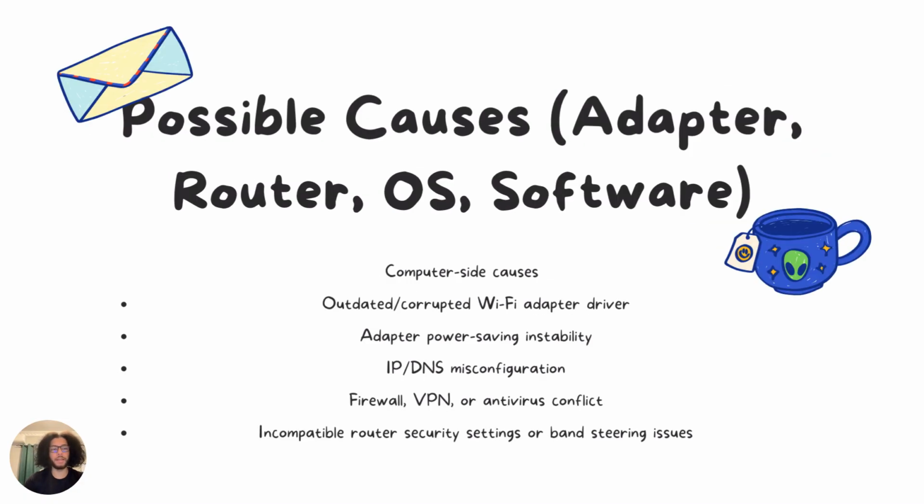The fourth slide is the possible cause in the operating system and software. Another group of causes is in the computer installation. The Wi-Fi adapter driver may be out of date or corrupted. The power saving setting may disable the adapter, and the IP or DNS configuration on the computer may be incorrect.